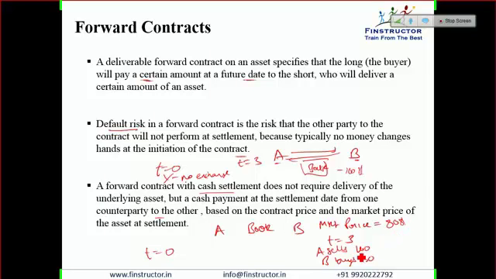Now, typically how we have studied this contract will be extinguished is that B will buy for $100. So B pays 100 and gets the book. A will receive 100 and deliver the book.